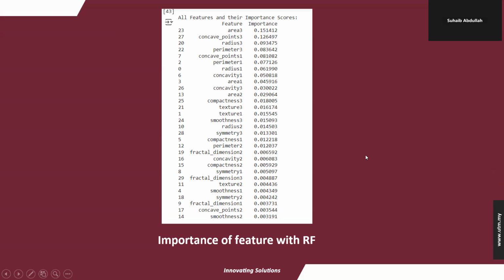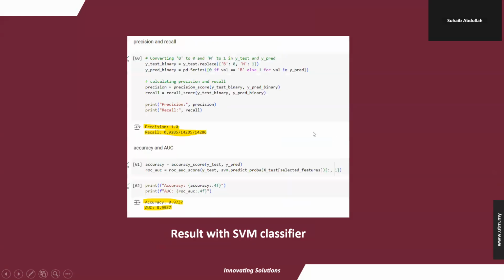Okay. From this, we only choose the top 10 features, and these features will feed onto the SVM classifier. In the SVM classifier, we train it with 80% of the data, and then we perform the validation. After validation is done, this is where we check the output to see whether it's working or not.